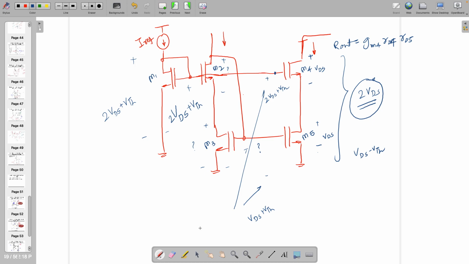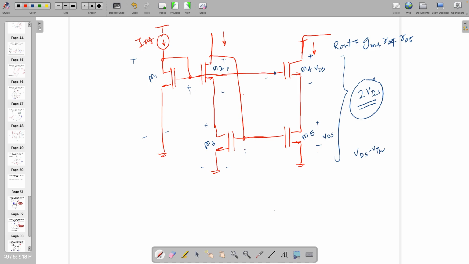It is not always compulsory that you are going to tune with the voltages. I'll tell you that trick after this, once you get the answer. So how much is the voltage here?